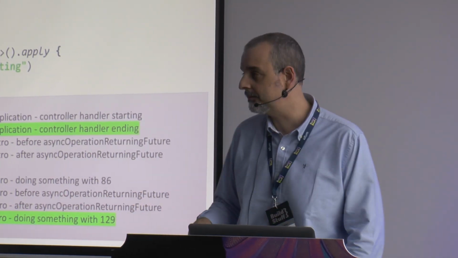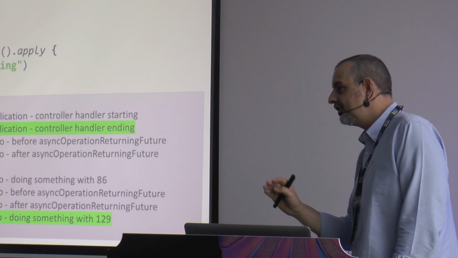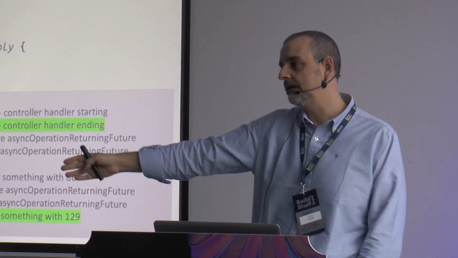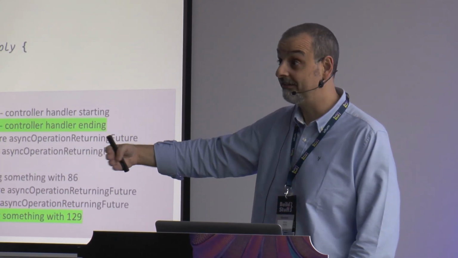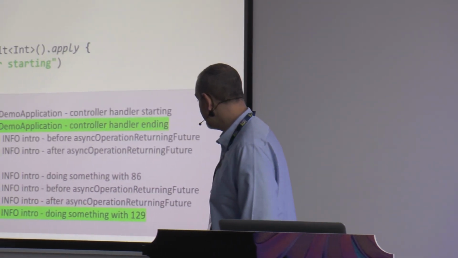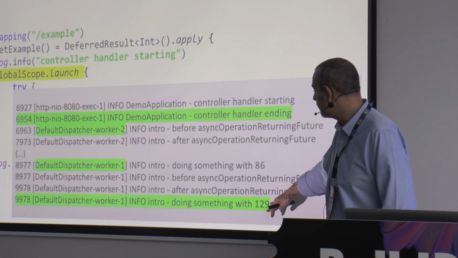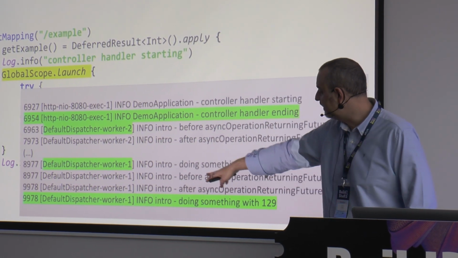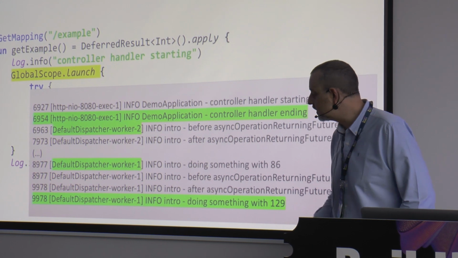In this case, I'm using Tomcat. So the thread from the server is immediately released, and it will be available to handle a new request. And I can see that afterwards, it finally completes in a different thread, in this case, default dispatcher worker 1.